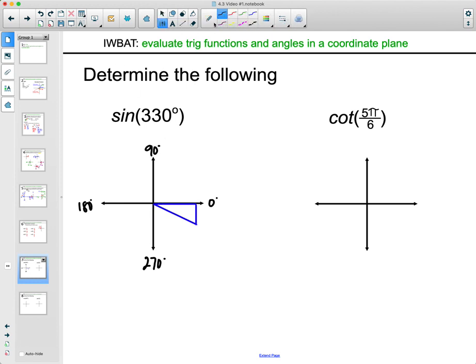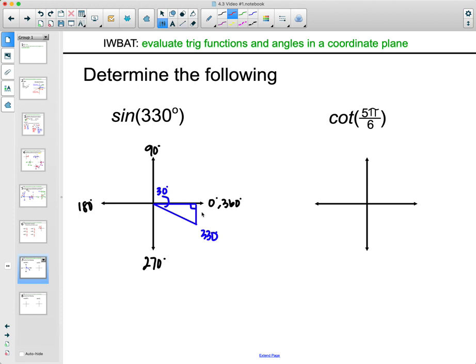Okay, so then if this is 330 degrees, this is also 360 degrees, one full rotation. So the reference angle, 330 to 360, this reference angle here is 30 degrees. So that's a 30, 60, 90 triangle.